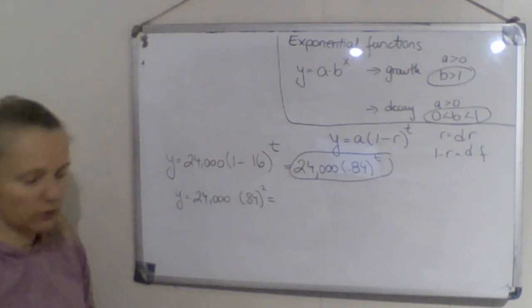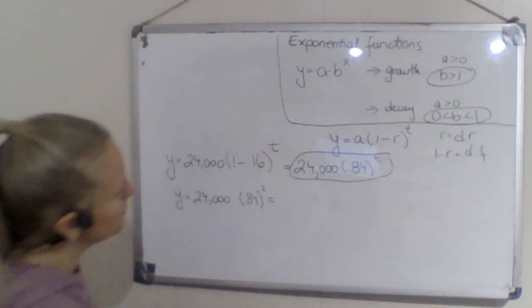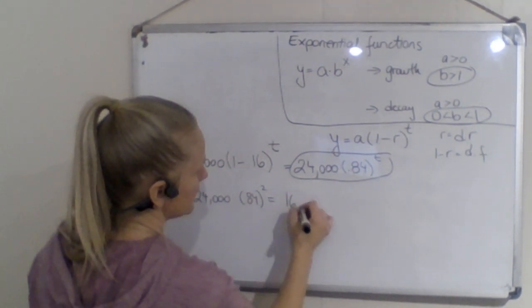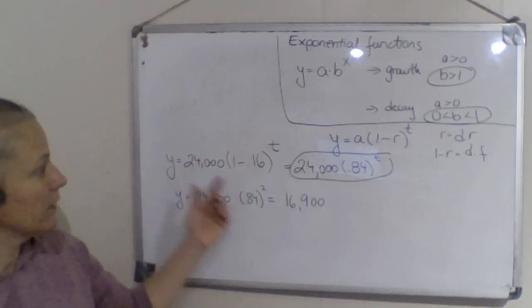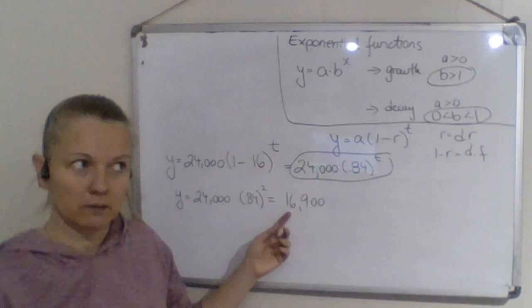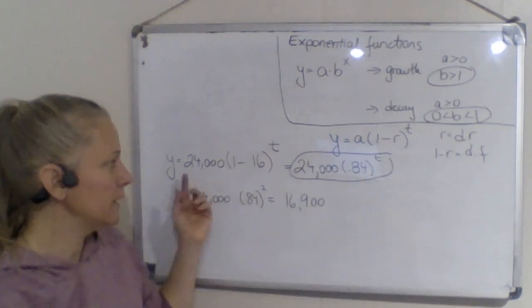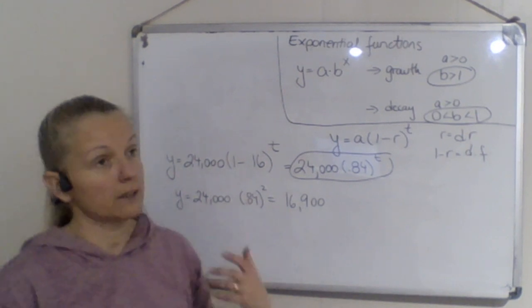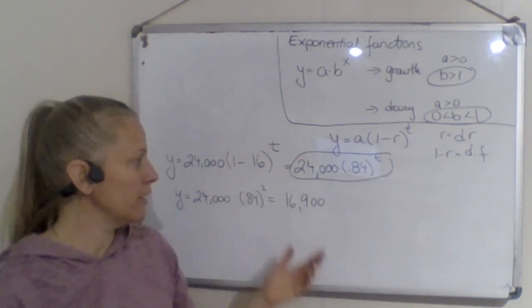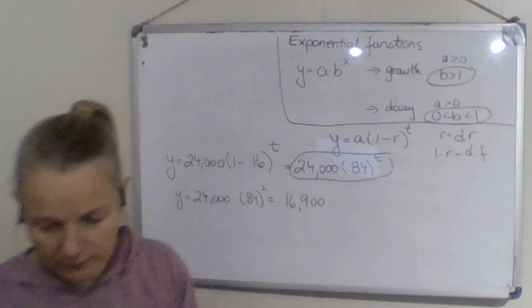And you just plug this in your calculator, and it's going to be about 16,900 something. So you started here, you ended up $7,000 less. And this is just reality with cars, but cars are necessary, so we're going to drive them. Some cars depreciate slower, and you get more value out of them, and some drop prices really fast.